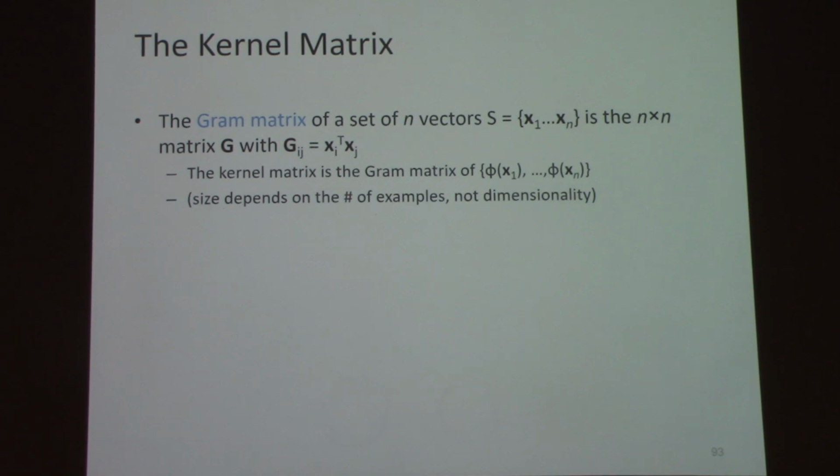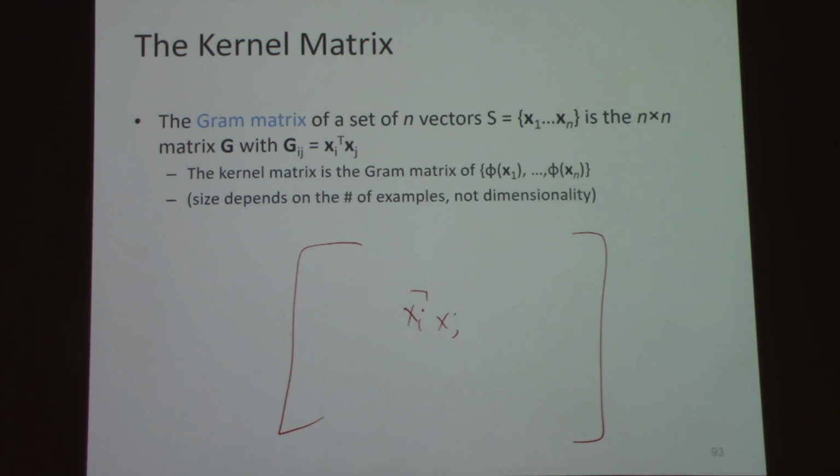What's the gram matrix? Suppose you have n vectors, and again, I hope that you've seen gram matrices at some point. Suppose you have a collection of n vectors, x1 through xn. The gram matrix of this collection is the n by n matrix whose ijth element is xi transpose xj.